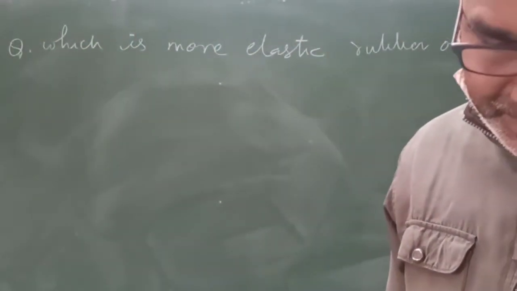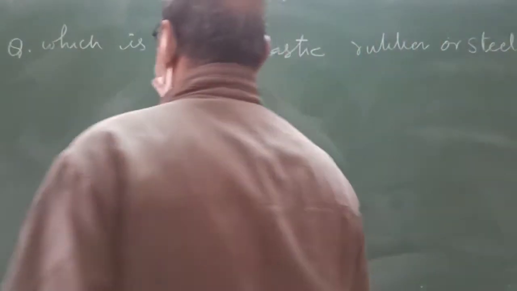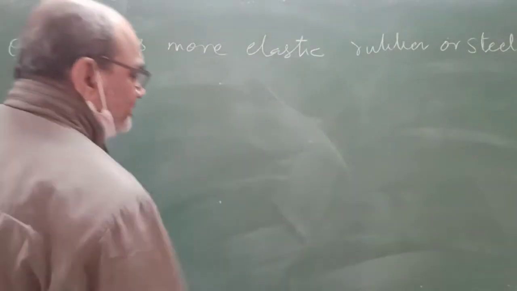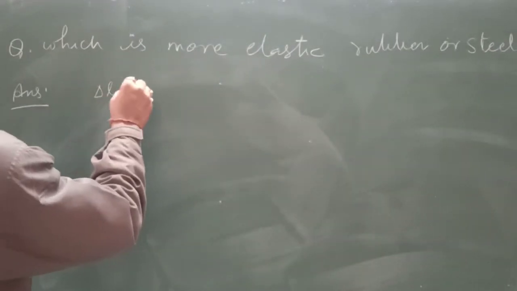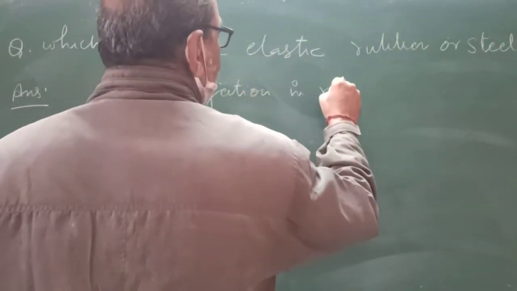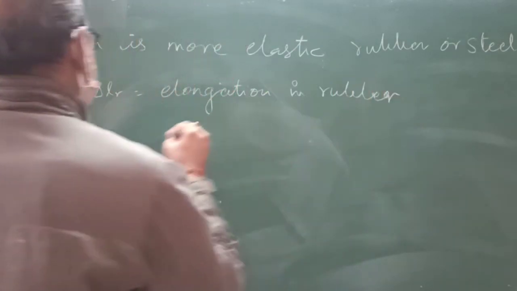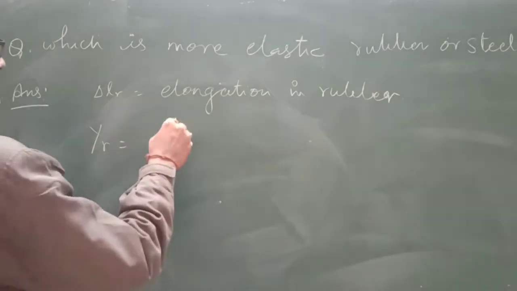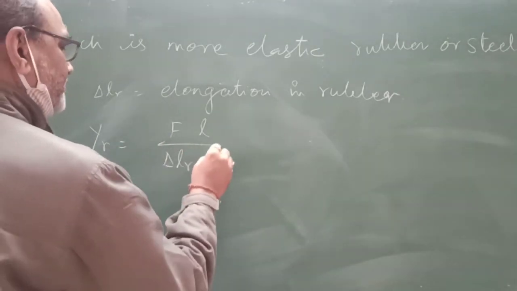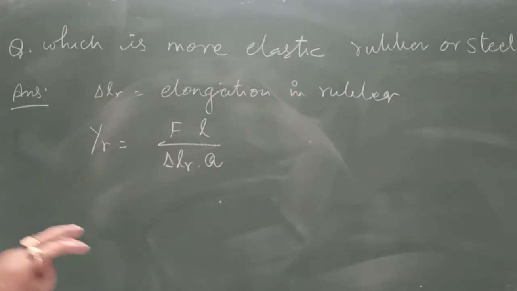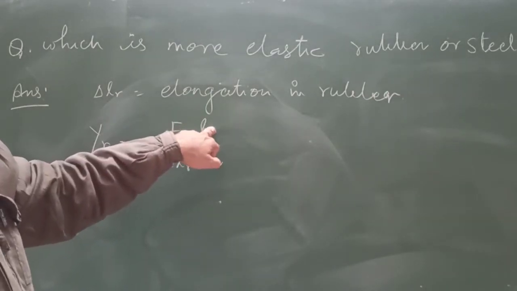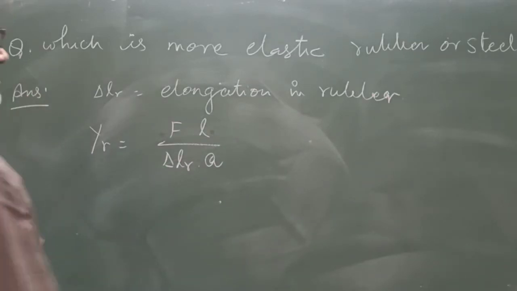Let delta LR be the elongation in rubber, with the same length and the same force subjected to both. Therefore, Young's modulus of rubber is equal to FL by delta LR into A. The area of cross section is the same, and we apply the same force F. The length of the rubber and steel wire are both the same. Equation number 1.